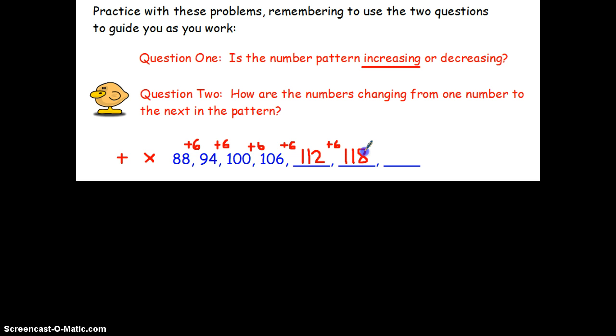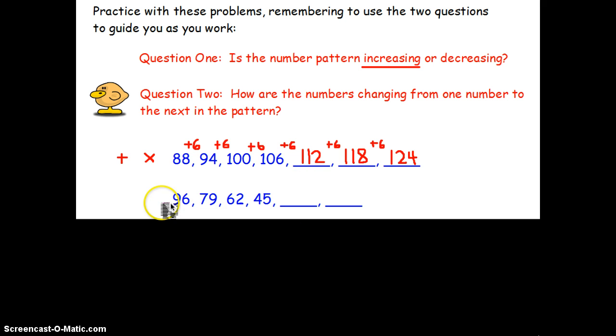If you said 118, you're correct. All right, let's keep going with my plus 6 pattern. 118 plus 6. That should give me 124. Okay, so now that I've completed my pattern with my adding 6 to each step, let's go to the next one.